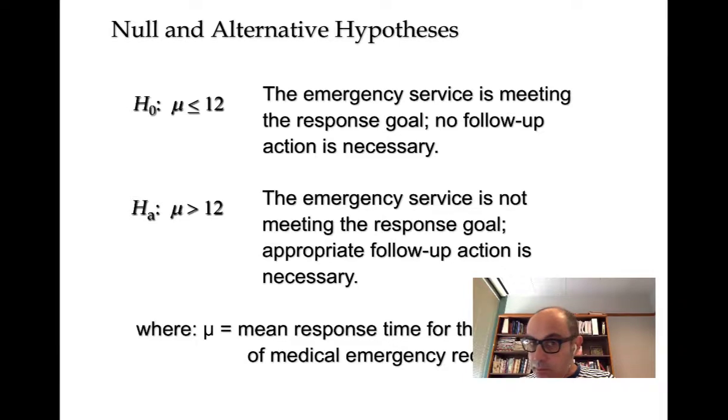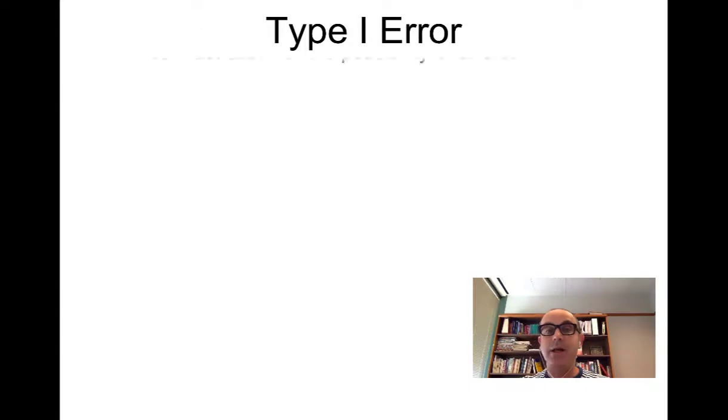So this is the null hypothesis. The alternative hypothesis: the emergency service is not meeting the response goal, and appropriate follow-up action is required. The mean in this case is the response time for the population of medical emergency requests.